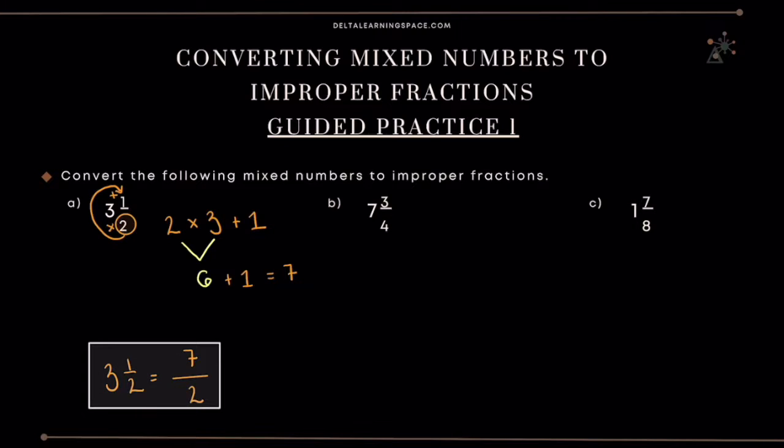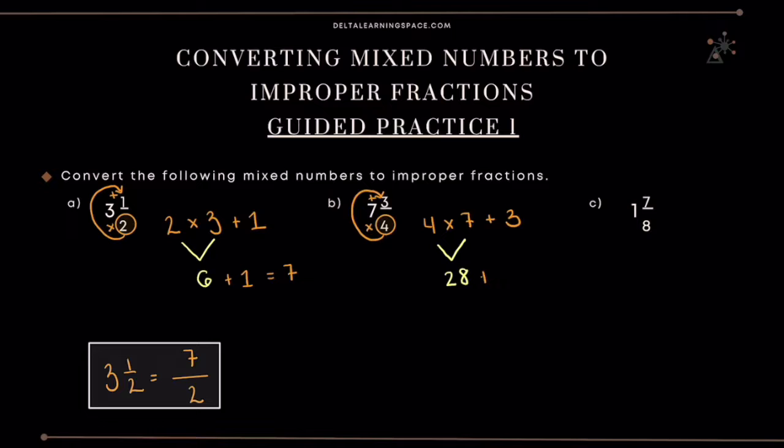For B, 7 and 3/4, we will do the same thing. Start with the denominator, draw a C arrow to our numerator, multiply and add. Take my denominator, multiply it by my whole number, and then add the numerator. First, I will multiply 4 by 7 to get me 28.